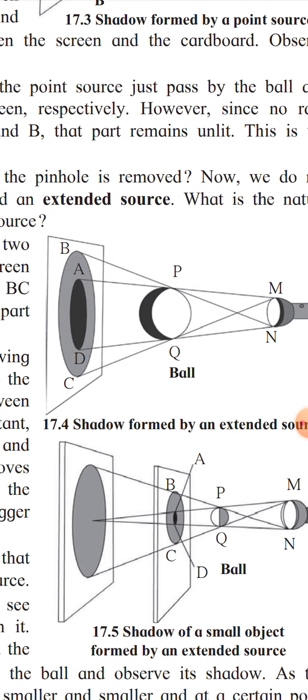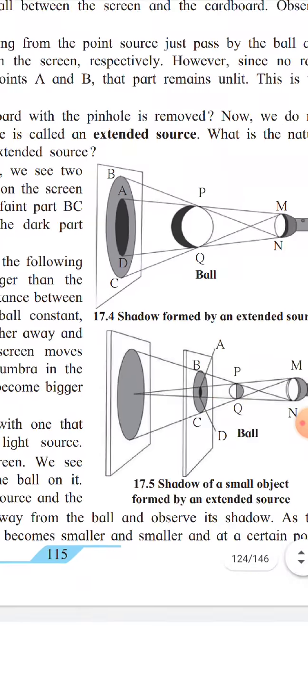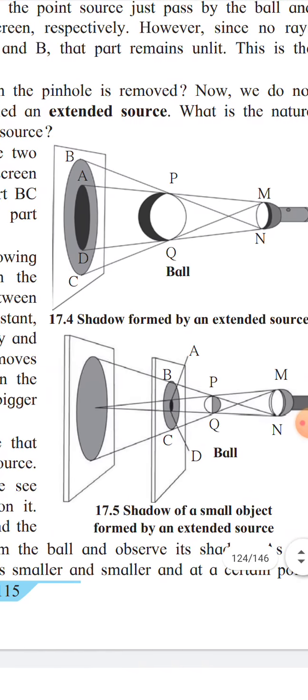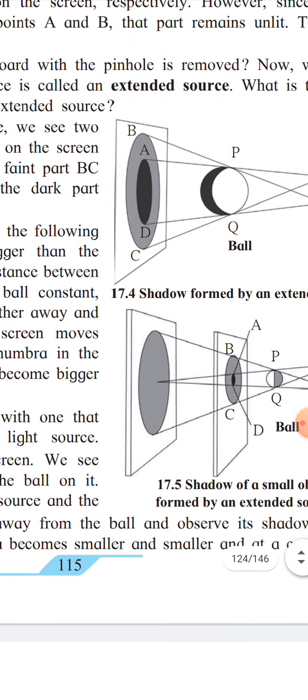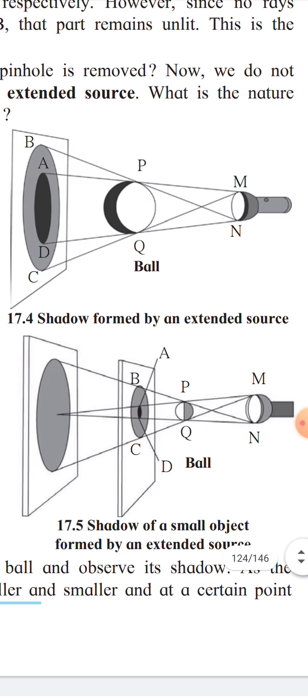The faint shadow is called penumbra and the dark shadow AD is called umbra. Now let us see what happens in the following activity when the ball is bigger than the extended source. In Figure 17.4, the shadow is obtained by an extended source. But instead, the shadow of a small object is formed by an extended source, meaning our object should be smaller than the extended source.